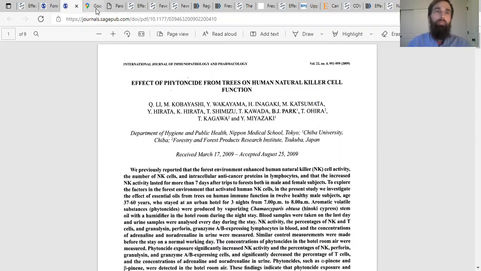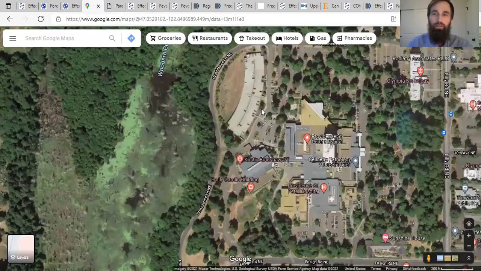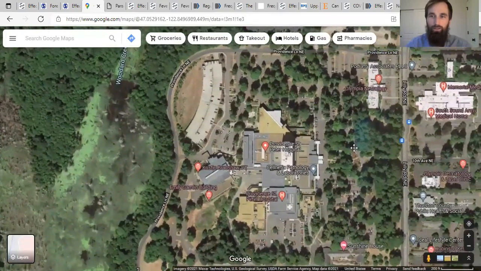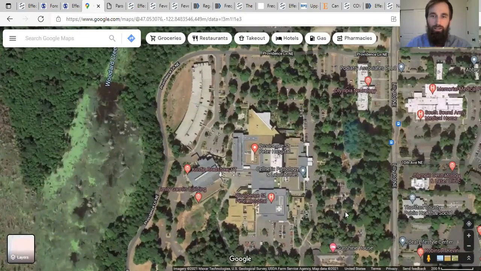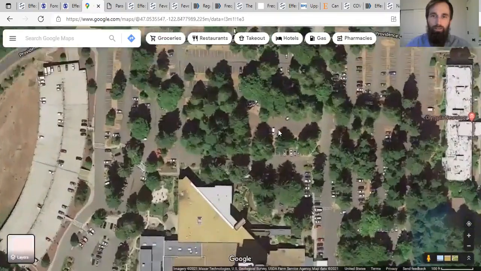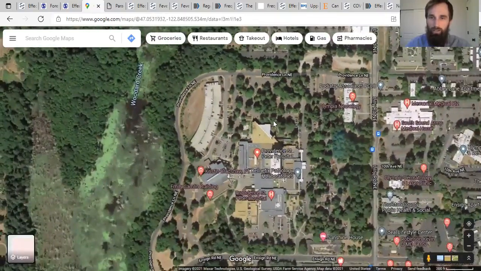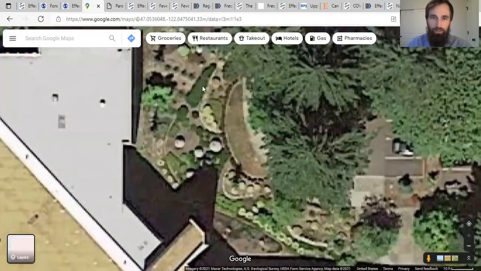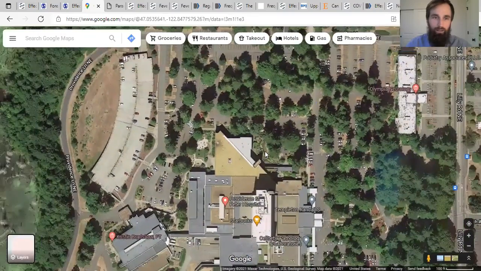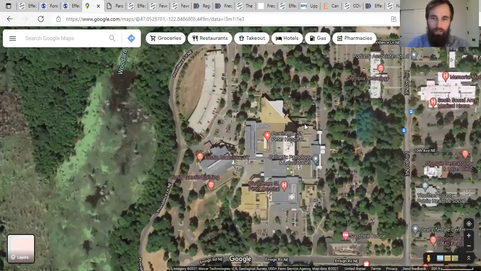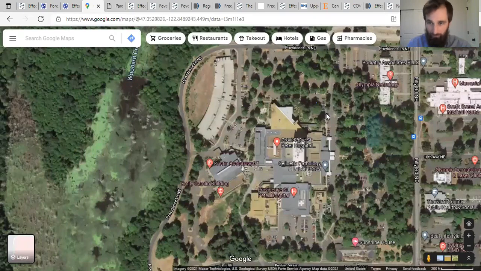So one of the things that I really like about where I work at St. Peter's Hospital in Olympia, we have all these trees. You can see all these trees here on our campus. It's like there's hundreds of trees, and there's even all these little ornamental gardens here. And that's one thing I'm trying to do more of, is get outside when I have a break, to breathe those fresh aromas in and get my natural killer cells working.